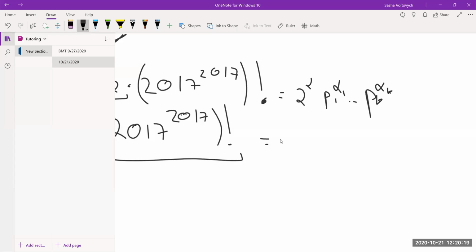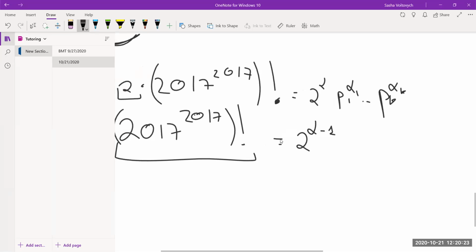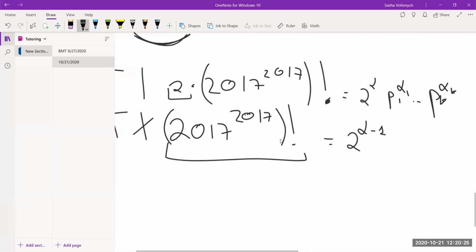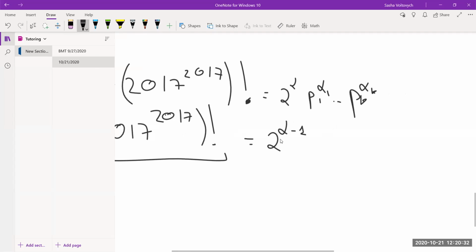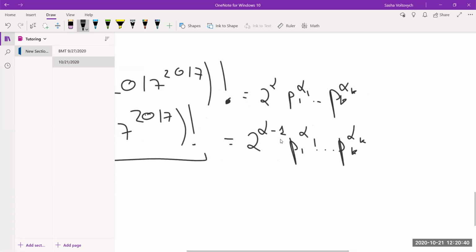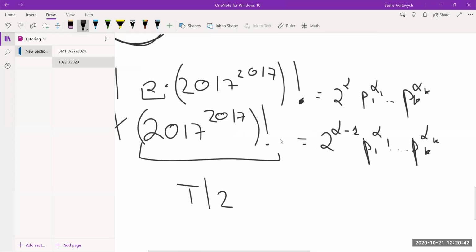Okay, and this guy will be 2 to the power alpha minus 1, because we know that the 2 divides it in the power that is 1 less than the number above. And all other divisors are the same. So we know that t divides this guy.